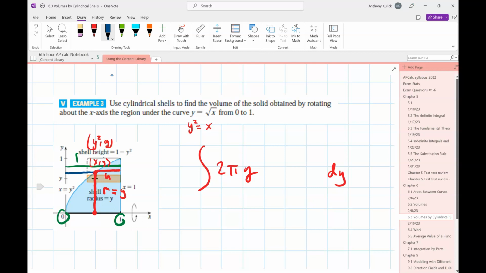Here to here is x, right? Because we're going x over. So my height should be 1 minus x, or 1 minus y squared, because at that point, the x coordinate is y squared.